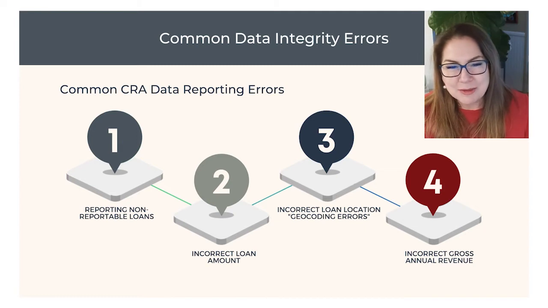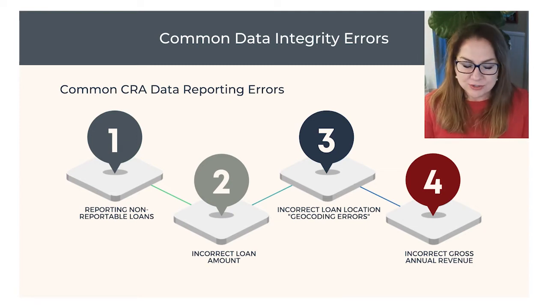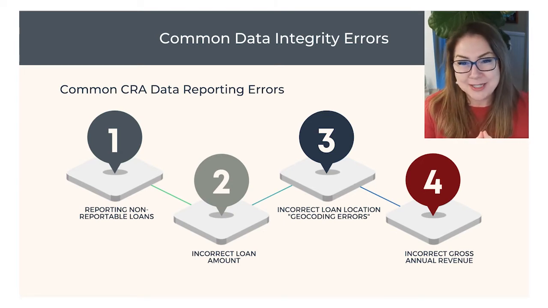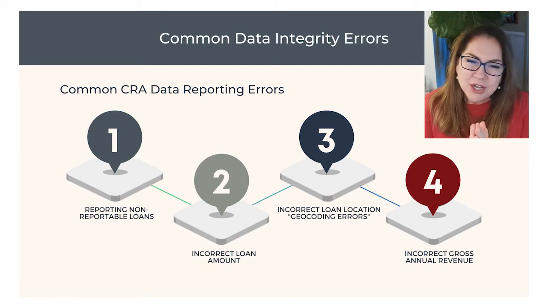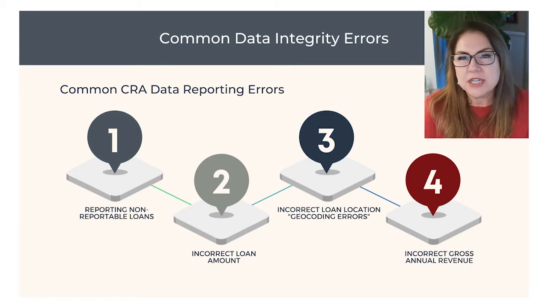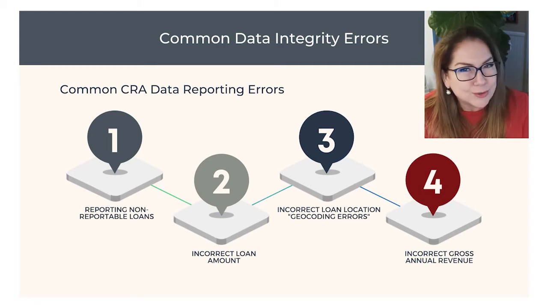The second common mistake is the incorrect loan amount. So let's talk about that next. Make sure that you check your records to ensure that you have the appropriate loan amount. It seems simple, I know, but sometimes we forget, or we have some rounding issues in our data, or we have some typos. Very important to look at loan amount, so you'll compare what you're reporting with the actual note.